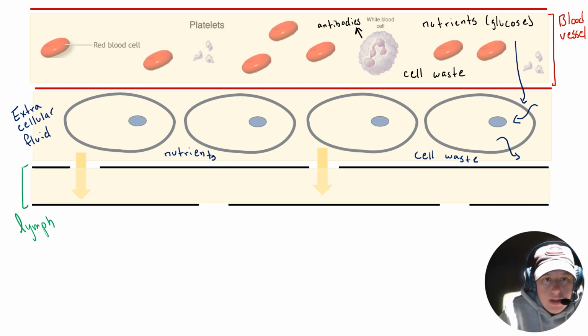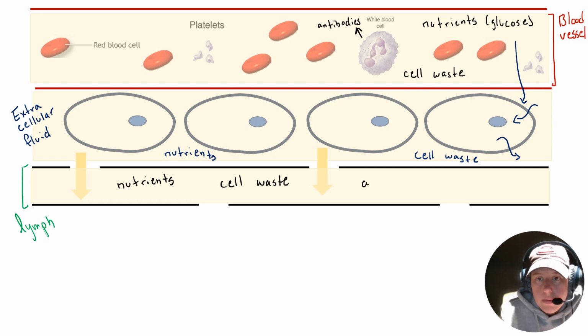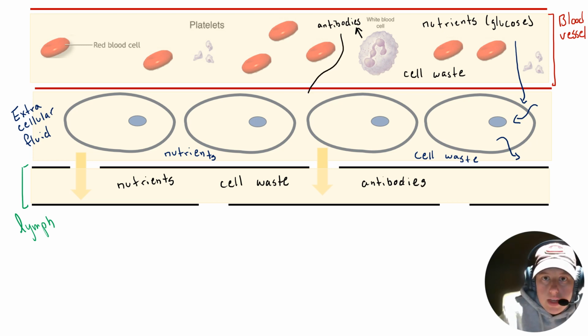So as a result, in our lymph, we will have our nutrients, we'll have cell waste, we'll have antibodies. Why? Because anything that was in our plasma from our blood vessels that leaves and is dissolved in the liquid and ends up in our extracellular fluid will also end up in our lymph.